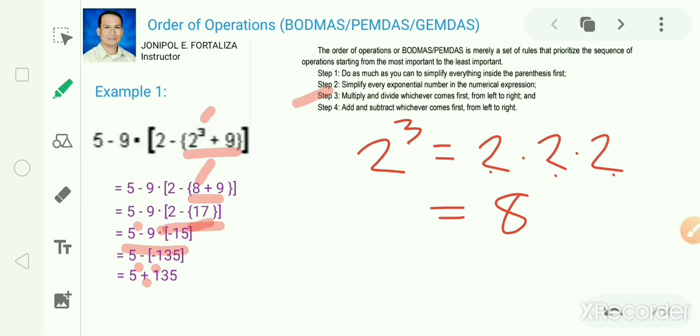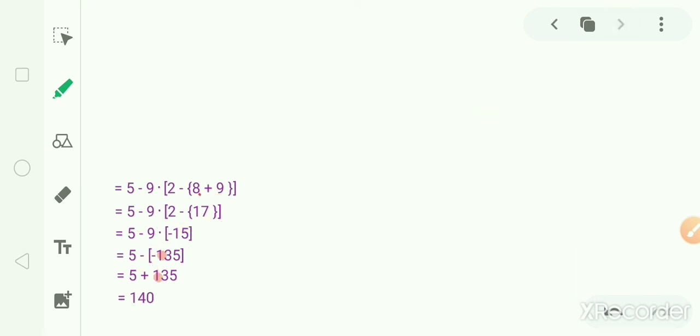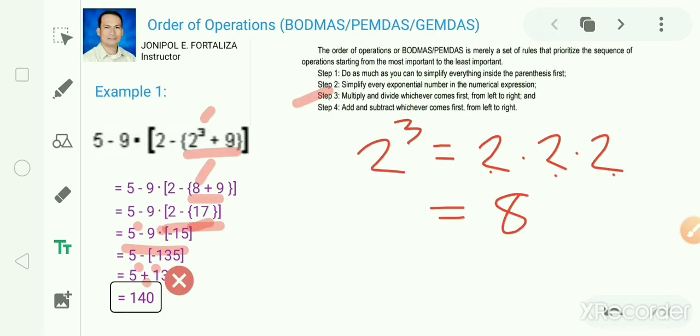To continue, 5 plus 135 becomes 140. So to evaluate example number 1 entails 140.